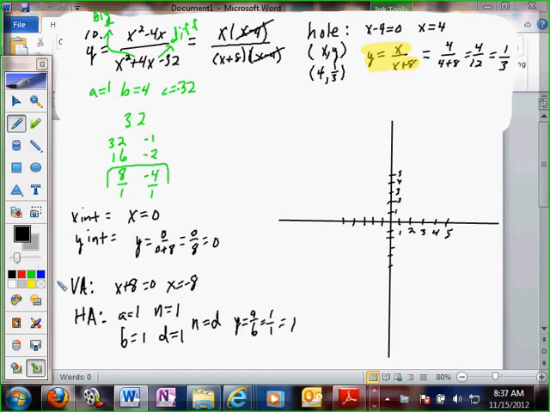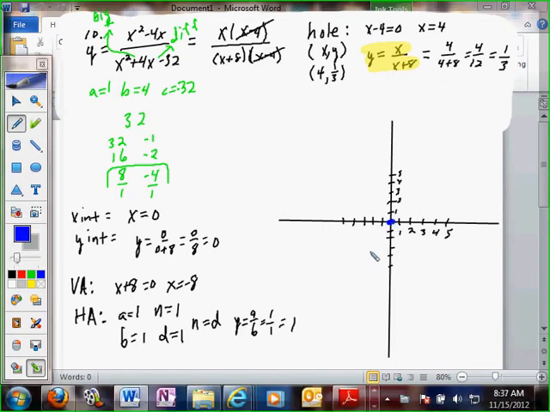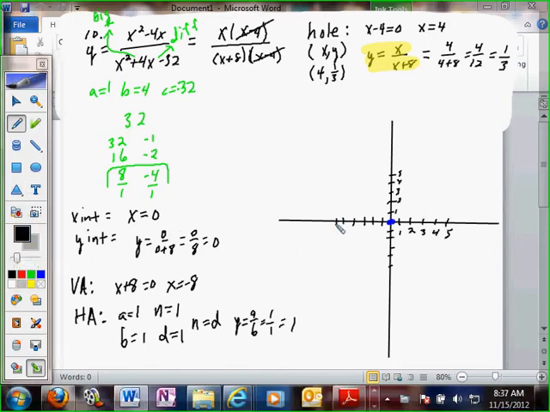Alright, so my x and y-intercept are both 0s. That goes there. That's where it's going to cross the x and the y-axis. I have a vertical asymptote at x equals -8. So I will draw that vertical line, dotted vertical line right through the -8 on the x-axis.